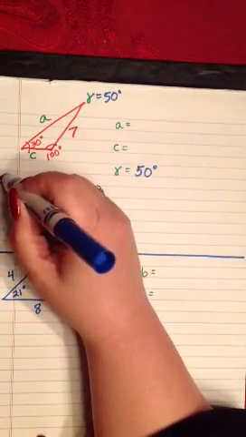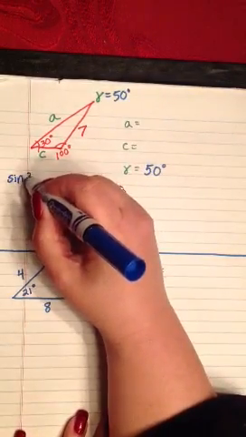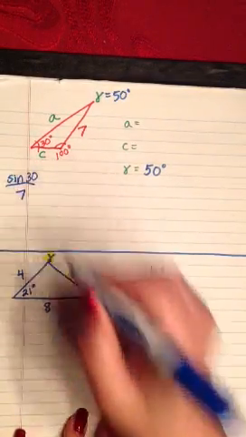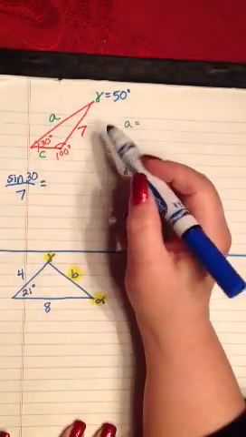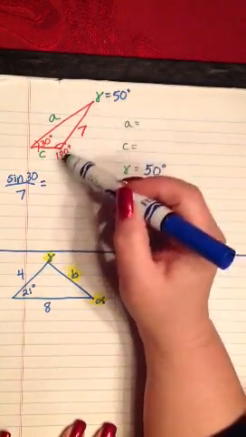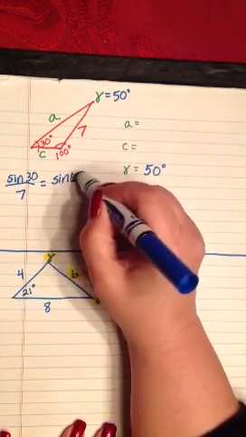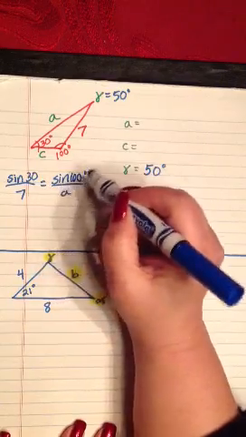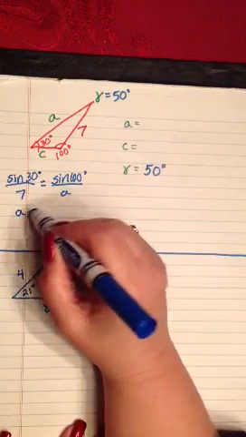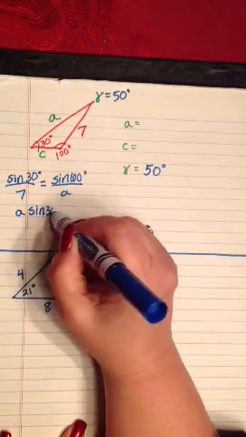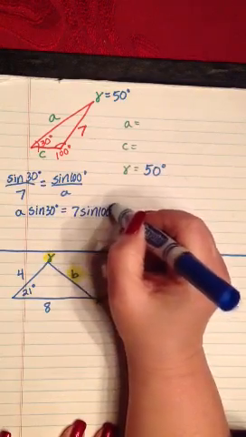I can say the sine of 30 over 7 is equal to, let's say we want to solve for A first, so sine of 100 over A. And then to solve this, we're just going to cross multiply, so I get A times sine of 30 is equal to 7 times the sine of 100 degrees.